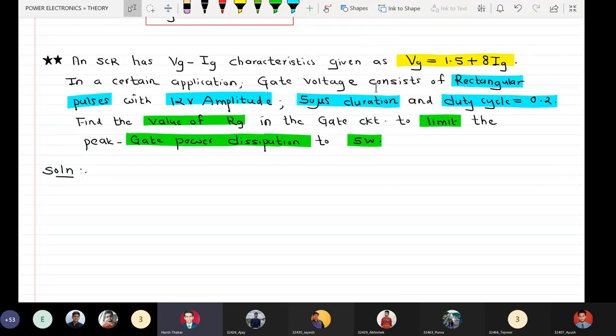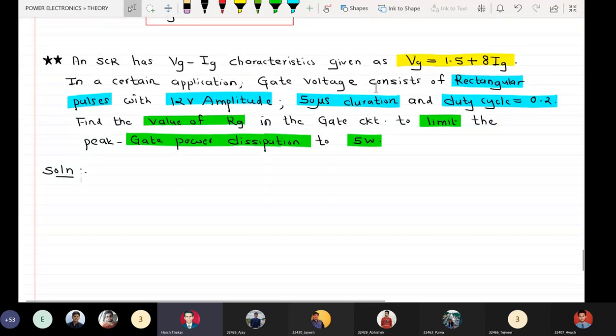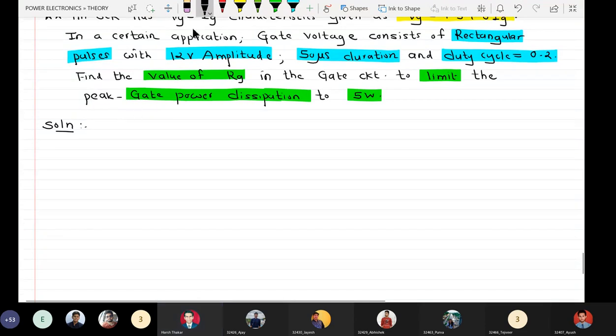Let us try to extract some meaning out of these things. So what is given here is this. Pg max equal to 5 watt.